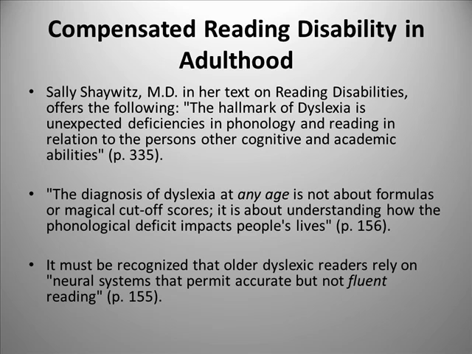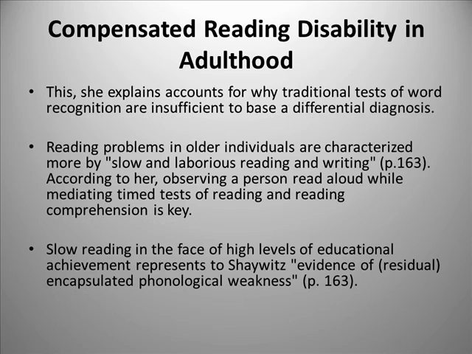Rather, it's understanding how this phonological deficit has the potential to impact you at this stage in your work or academic development. Older dyslexic students rely on neural systems that are different from typical readers. What results is they become proficient readers, but not at the level of fluency of normal readers.